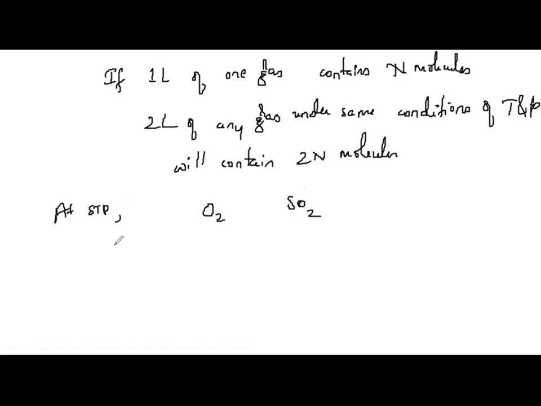Equal volumes of any gas at same temperatures and pressures will contain equal number of molecules, Avogadro's law. So here the volume is 1 liter, it is containing N. If SO2 is 1 liter, it will also contain N. If SO2 is 2 liters, it will contain 2N.